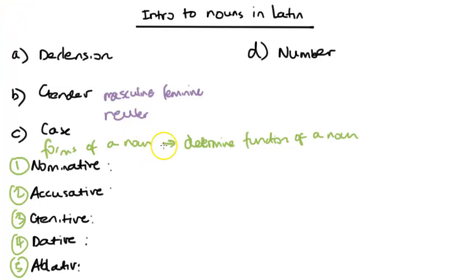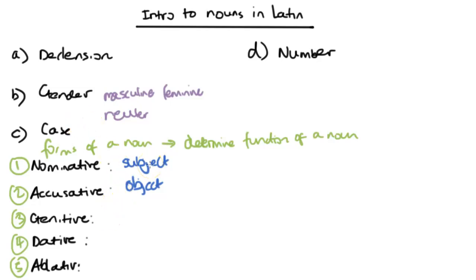The nominative case is used for the subject of a sentence. Okay, so the dog crosses the road. The dog is the subject of that sentence. If that sentence were in Latin, the dog would be in the nominative case. Accusative is used for the object. Again, as I said before, it is the noun that has the action done to it.